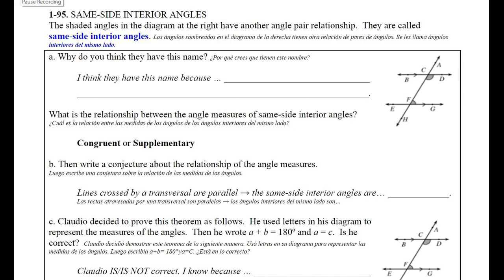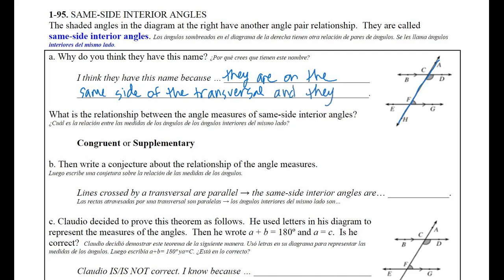They have this name because they are on the same side of the transversal and they are interior to the parallel lines. What's the relationship? Well, it's either congruent or it's supplementary.